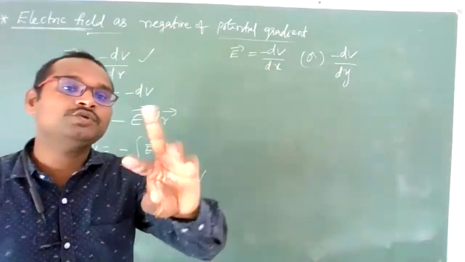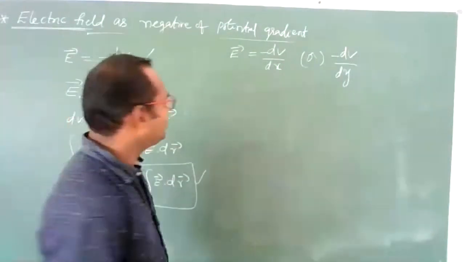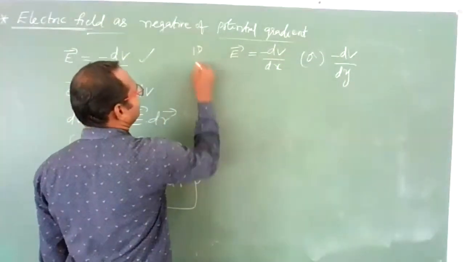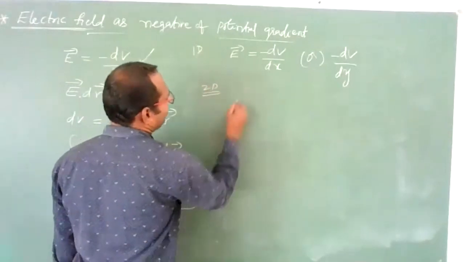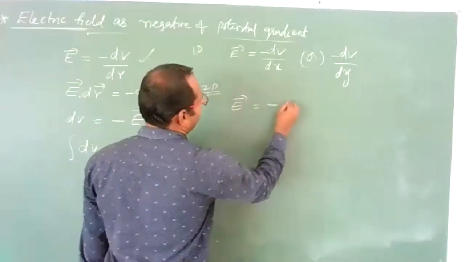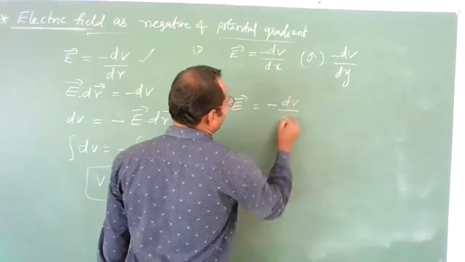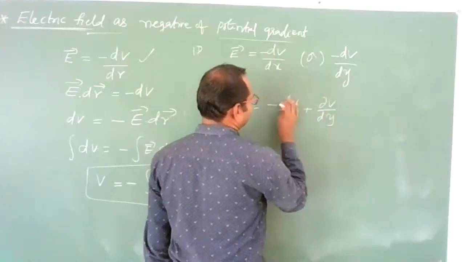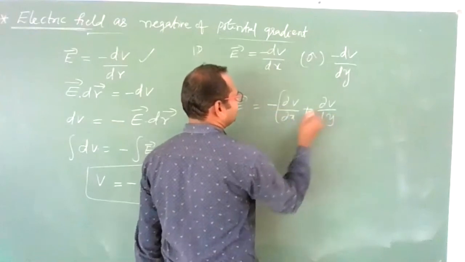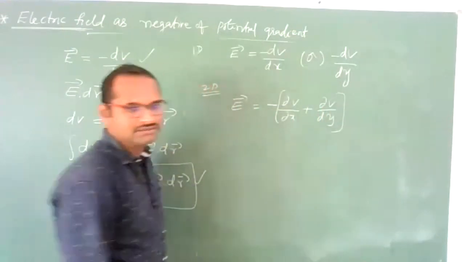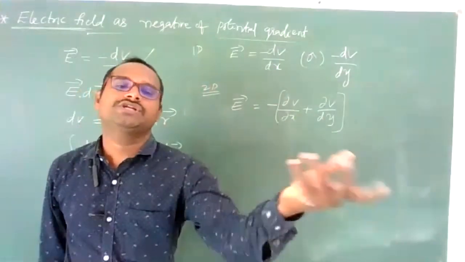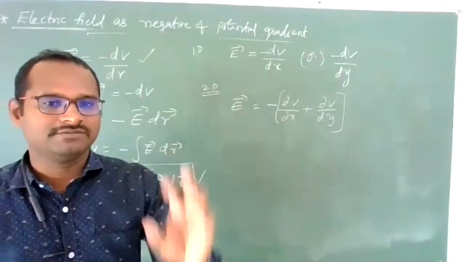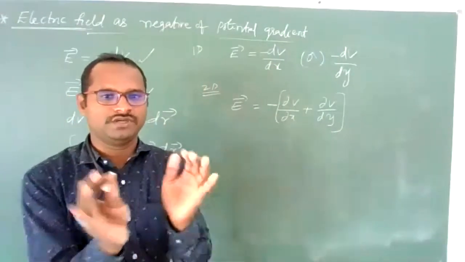If it is in a two-dimensional plane, then you can write E is equal to minus dou V by dou x plus dou V by dou y. Remember, dou indicates partial differentiation. I will explain it when I am solving the problems.